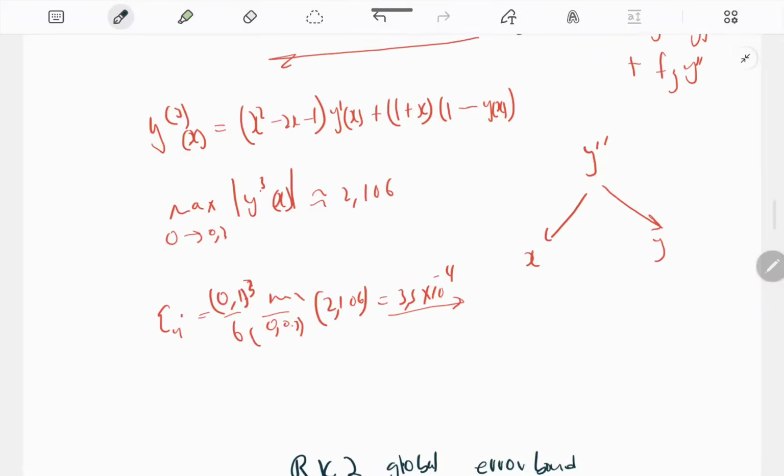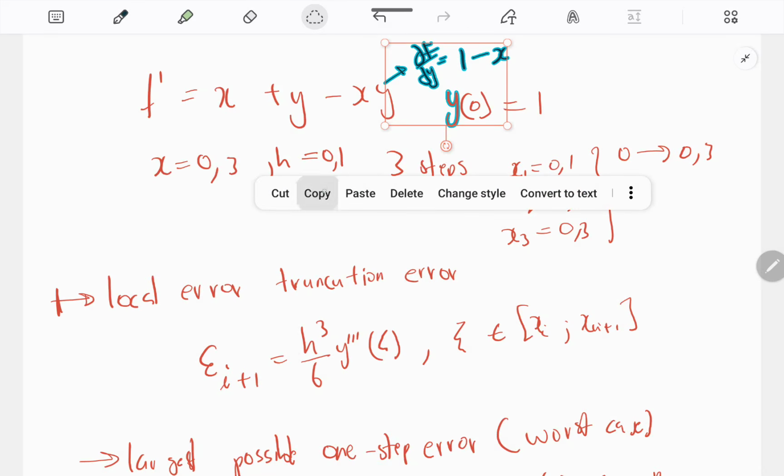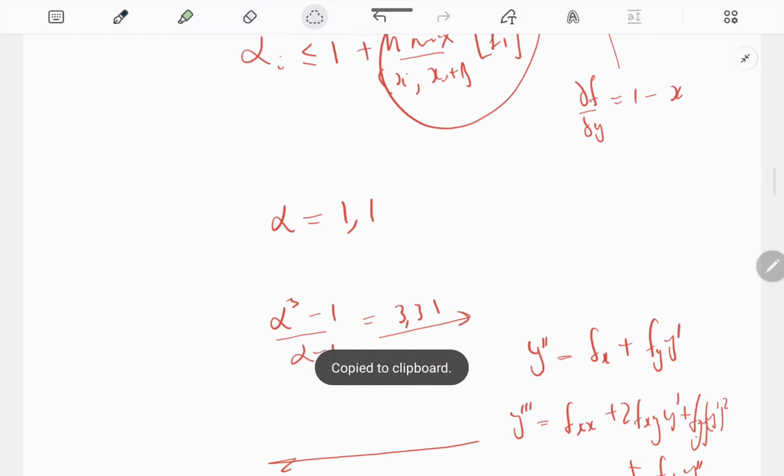So I can go back to my equation and see if I can find the partial of f with respect to y. If I differentiate in terms of y, this becomes a constant, that becomes a 1, that becomes an x. So that's a good thing to have. We can go back to where we were.